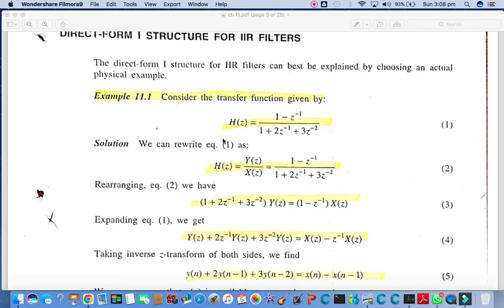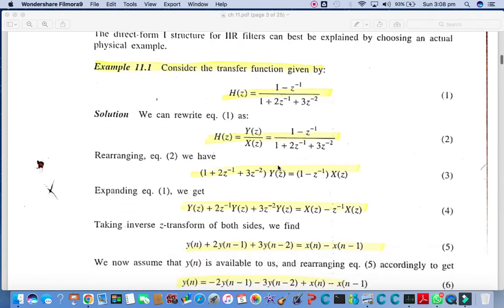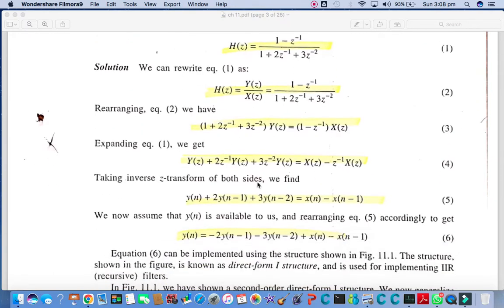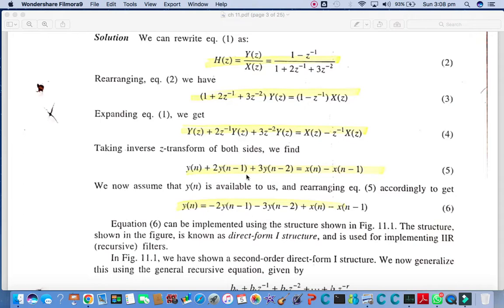This is a transfer function of the digital IIR filter in Z form, and we know that H(z) is equal to output over input. We do its cross multiplication: Y multiplies inside, X multiplies inside. We do the inverse z transformation by using the time shifting property.